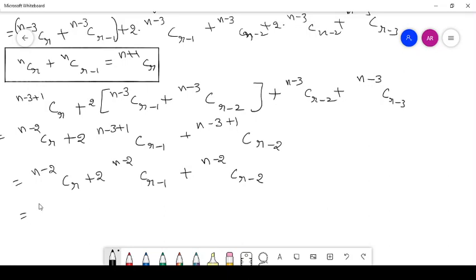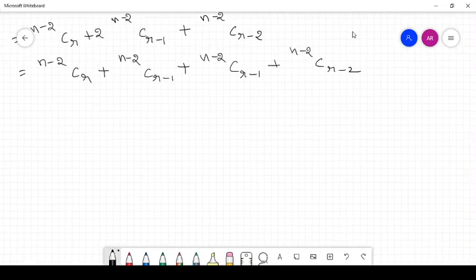This is n minus 2 C r plus, next 2 into n minus 2 C r minus 1, plus n minus 2 C r minus 1, we are splitting 2 terms, plus n minus 2 C r minus 2.